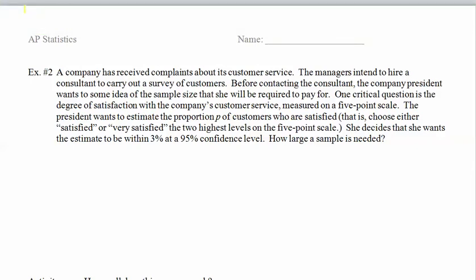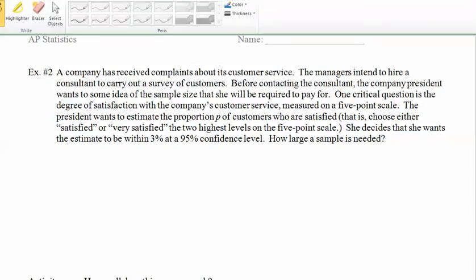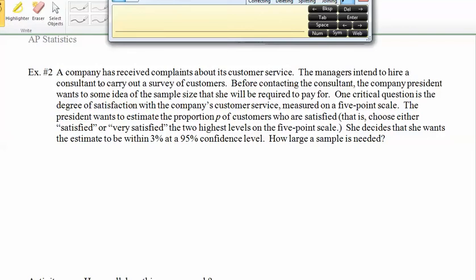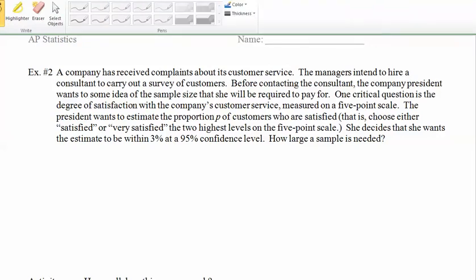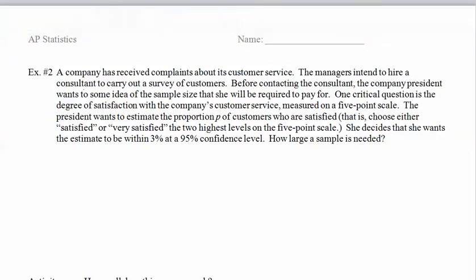Before contacting the consultant, the company president wants to have some idea of the sample size that she will be required to pay for.